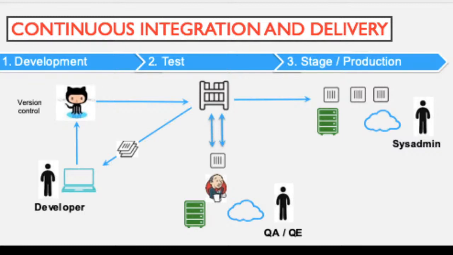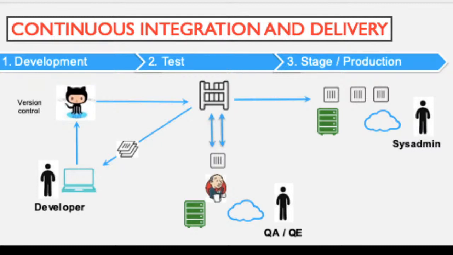So when we look at continuous integration and delivery, we have three stages. The first one is called development. The second one is called test. The third one is called production. So you have a developer who writes or develops the code, which is then fed into a version control system.